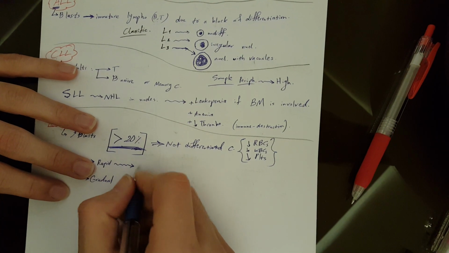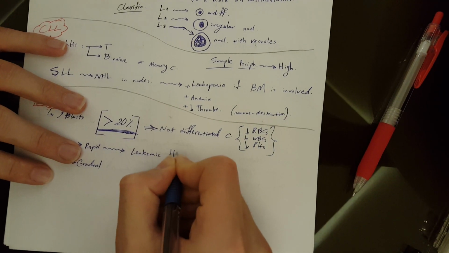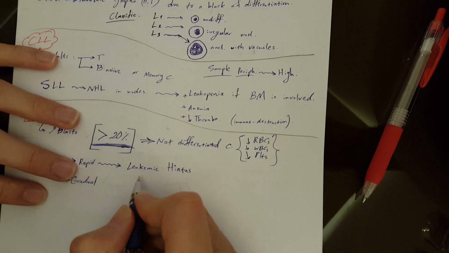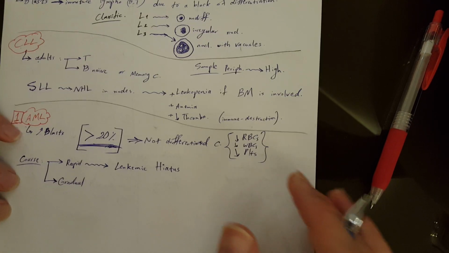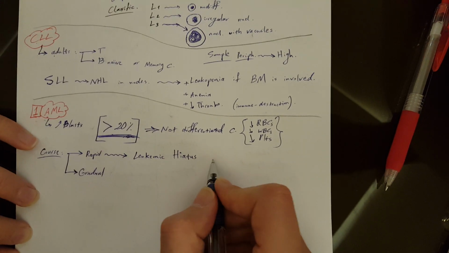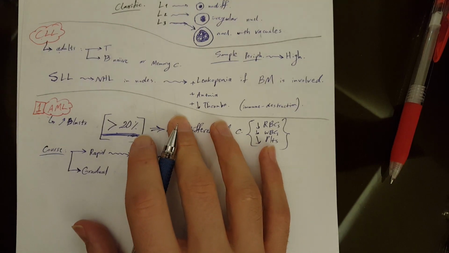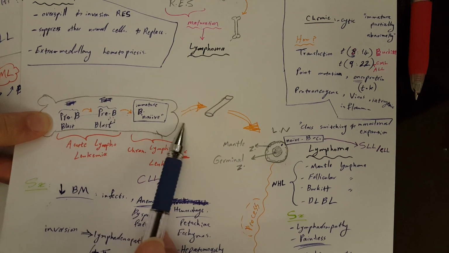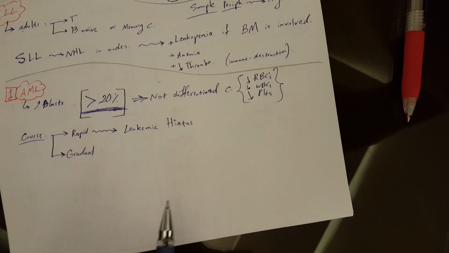This is called a leukemic hiatus, a hole, or hiatus leukemicus if you want to say it in Latin. I know some professors prefer the Latin name. Meaning too many, let's say, pro-B, then none of the intermediate ones, and then too many immature, naive B cells.